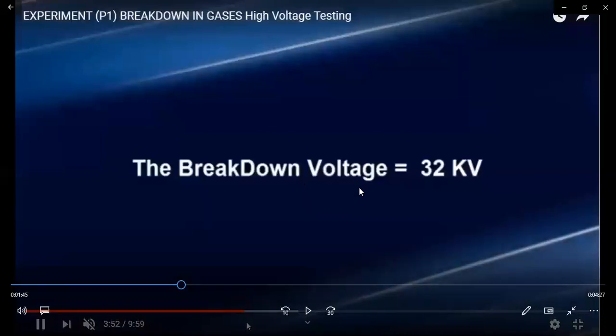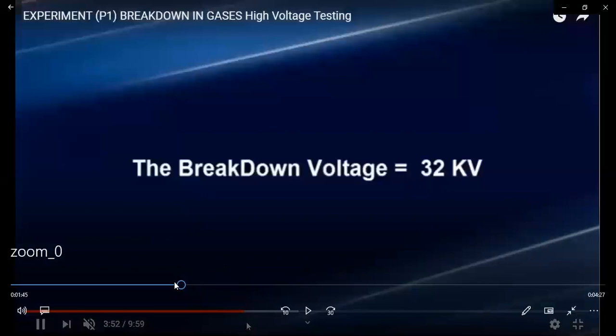You can see that this experiment is performed in a net enclosure for the sake of safety. So high safety is required for high voltage testing experiments.